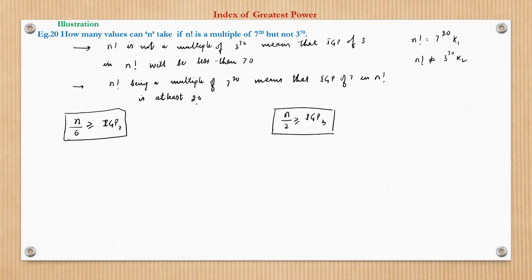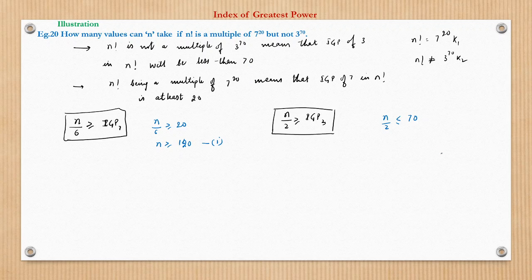Here it says IGP of n factorial is at least 20. So IGP of 7, it means n by 6 is greater than or equal to 20, so n is greater than or equal to 120, right? Here we get this. This is a broad range. And from here we get that n by 2 should be less than or equal to 70, because maximum IGP will be less than 70.